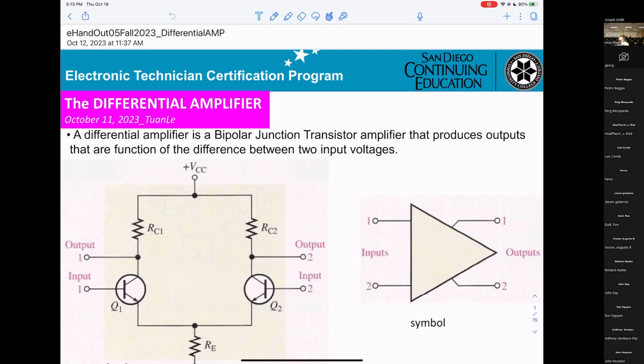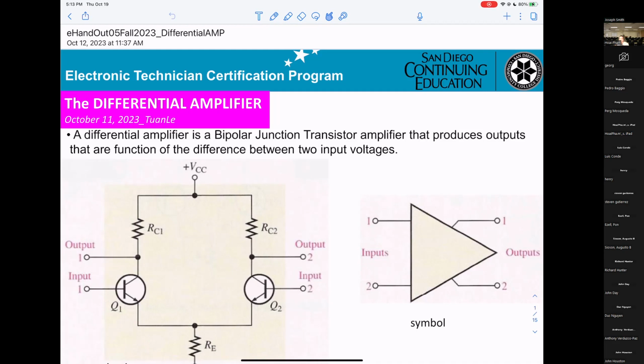And also you have to know the capacitor connected to the input, connected to the output. What is the name? Okay.